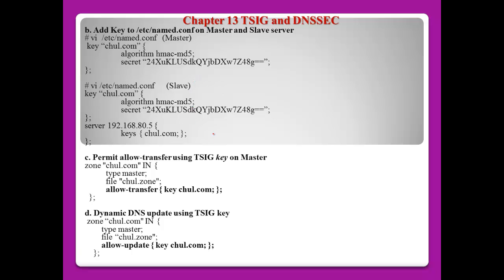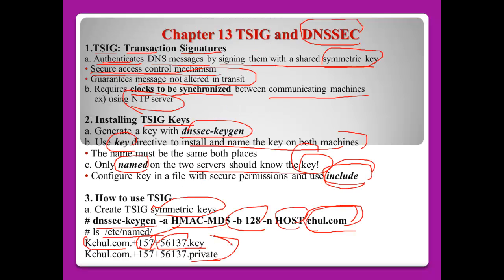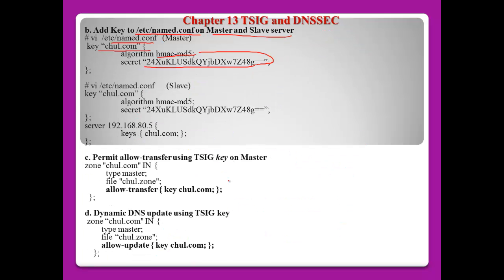If we are successful in creating these keys, we need to add this key to named.conf on the master and slave. For example, in the master named.conf, we add the key name chol.com, the algorithm and the secret. If you open or read this file, you can see this kind of secret.